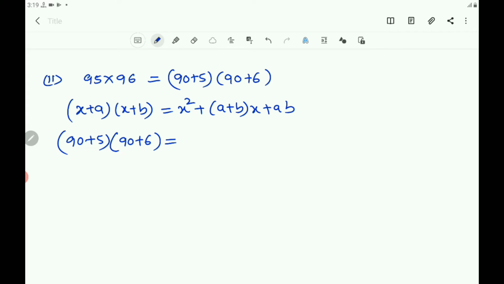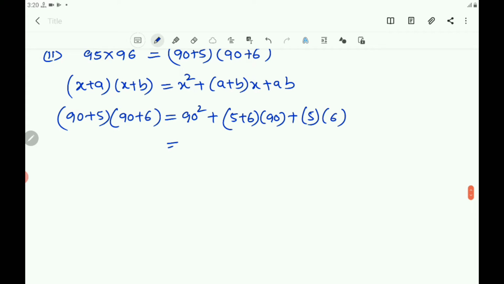That equals 90 square plus (a is 5 plus 6) into 90 plus ab, 5 into 6. And 90 square, 9 square 81 and 2 zeros, plus 5 plus 6, 11, 11 9s are 99, it is 990, plus 5 6s are 30. Then we find the sum of 8,100 plus 990 plus 30.